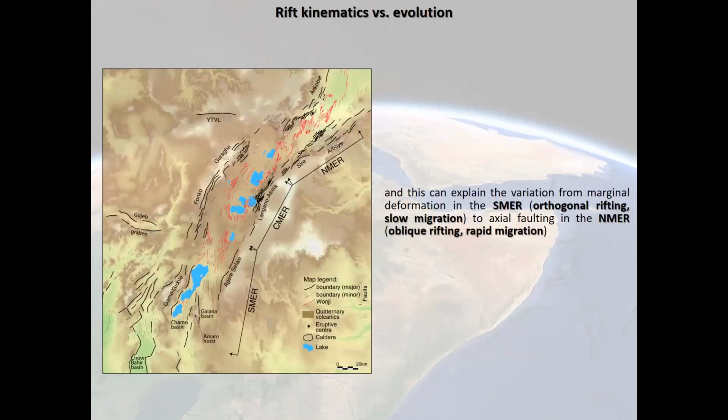And this, in our view, can explain the variation in rift maturity passing from the southern Main Ethiopian Rift, where rifting is orthogonal. So we have a slow migration from the margins to the axis, something that has not occurred yet in the southern part of the rift, to more advanced rifting, to axial faulting, because of a rapid migration in the more oblique sectors of the Main Ethiopian Rift in the north.